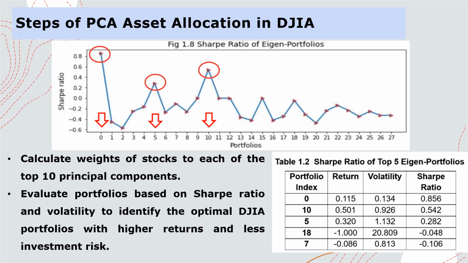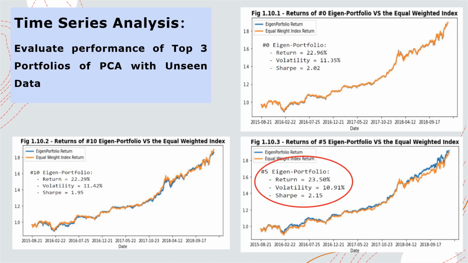From this figure, it is obvious that the index number 0, number 10, and number 5 portfolios demonstrate the best performance according to the training set from 2000 to 2014. I selected these 3 portfolios and evaluated their performance by using out-of-sample data from 2015 to 2019. To visualize their performance, I plotted the following 3 time series plots.